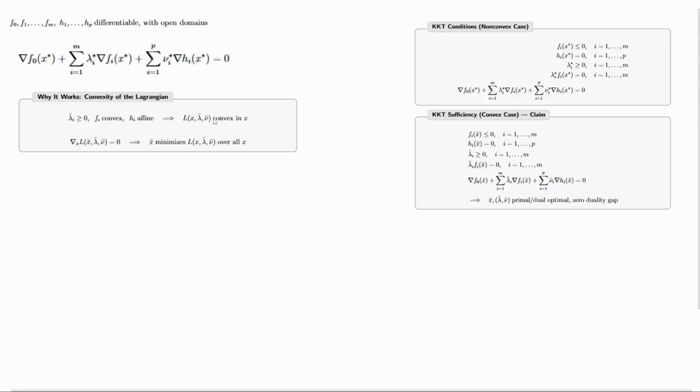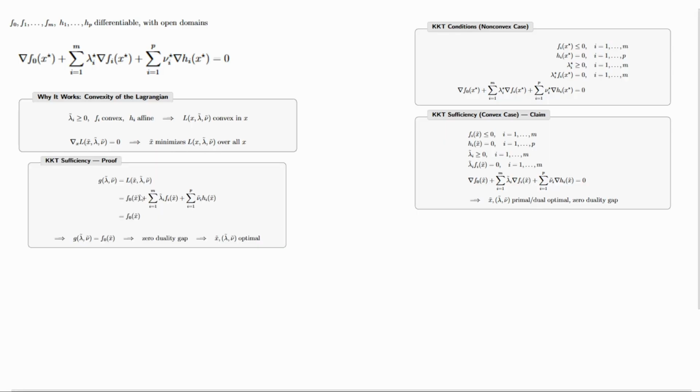Then we've shown that the Lagrangian is convex in x, and x tilde minimizes the Lagrangian over all x. And x tilde is primal feasible from the first two conditions. Plugging that in, because h_i of x tilde is 0, and the multiplier terms are equal to 0 by complementary slackness, everything collapses, and this is equal to f_0 of x tilde. So of course that means there's no duality gap, and this is optimal.